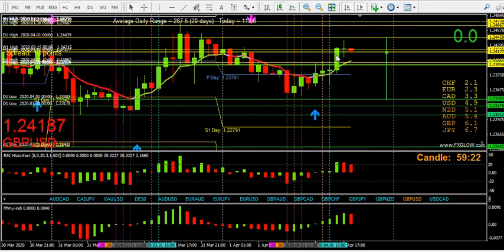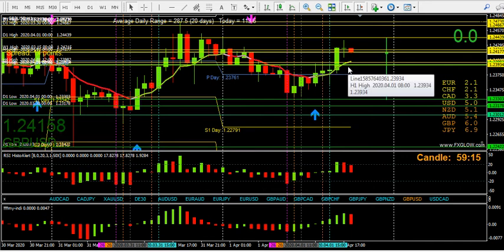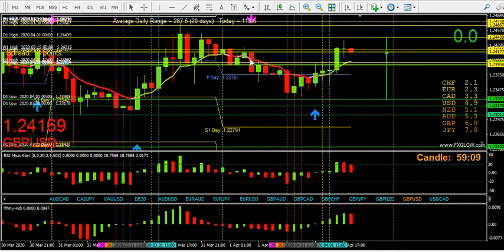Now what do we say? Remember, there's a high chance that it will come back and test resistance as support, but because this candle's so large here, it's broken through this one here as well, the H1 high, so it's quite likely that that high would be used as support in this instance, and the price will continue up.